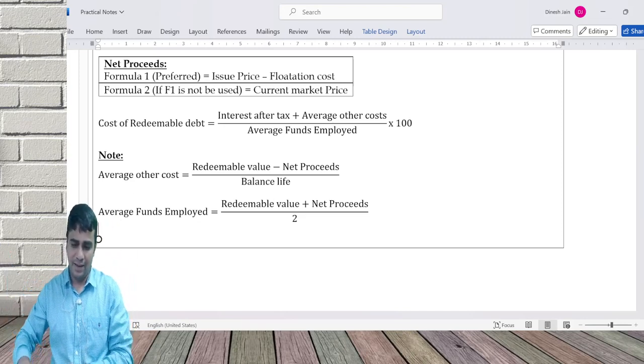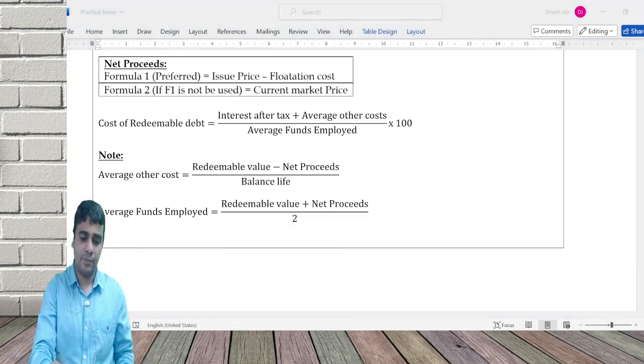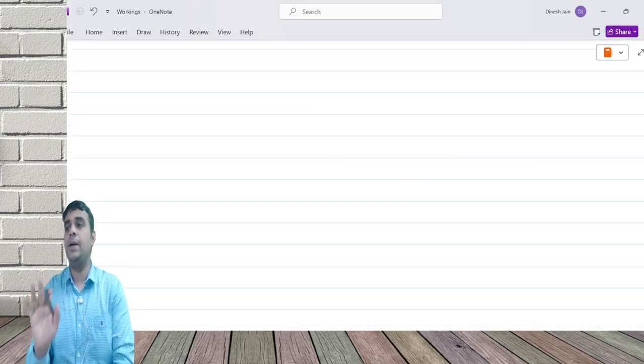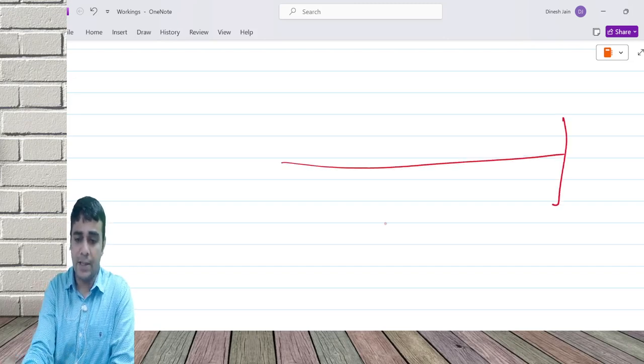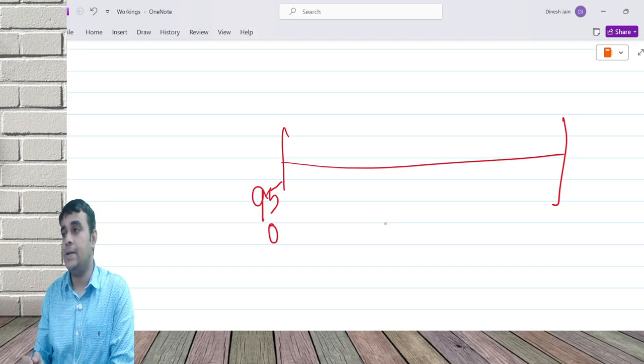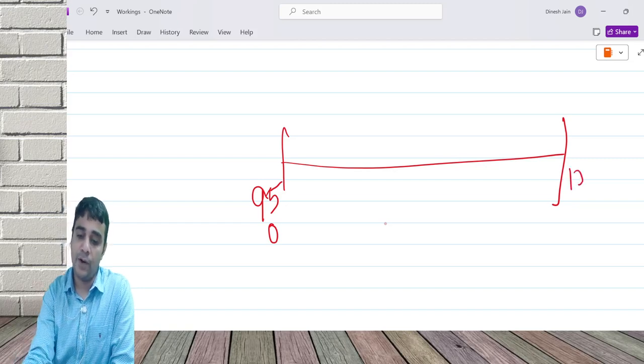Okay, let's understand both the terms. I issue debentures today. My collection today is 95 rupees. After 5 years, I'm going to redeem this for 105.